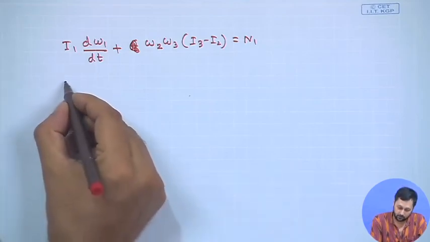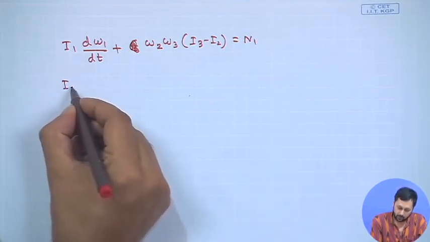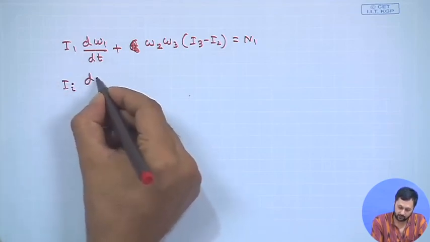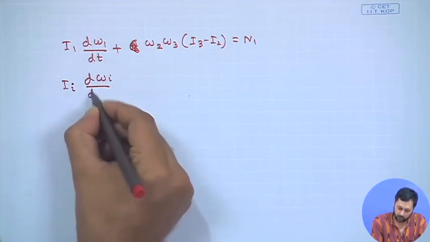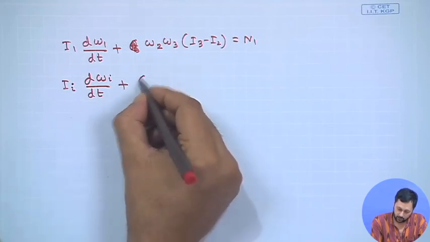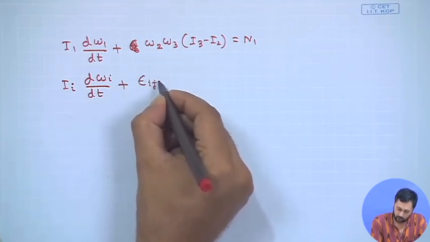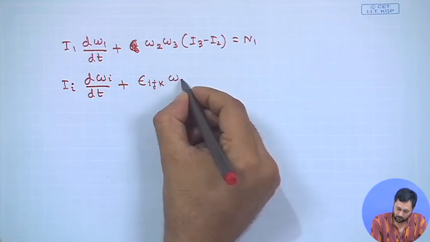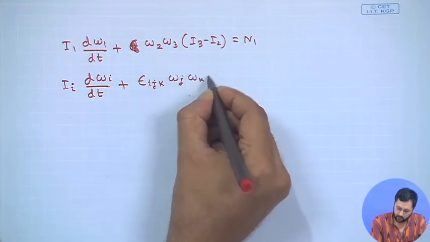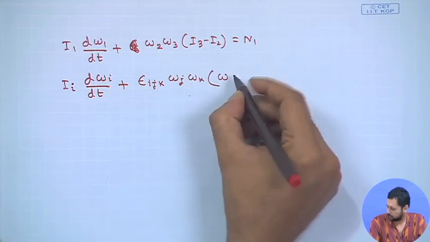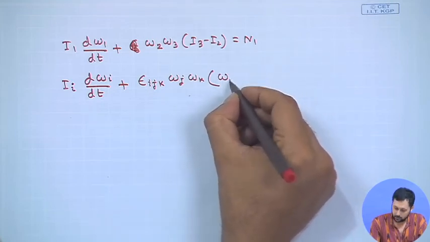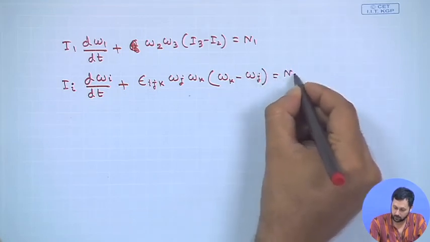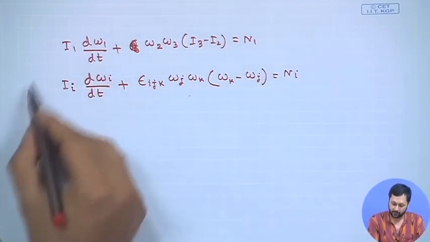In the general form, just writing in terms of indices, I_i d omega_i/dt plus epsilon_ijk omega_j omega_k (I_k minus I_j) equal to N_i. So this is a more general form of it.